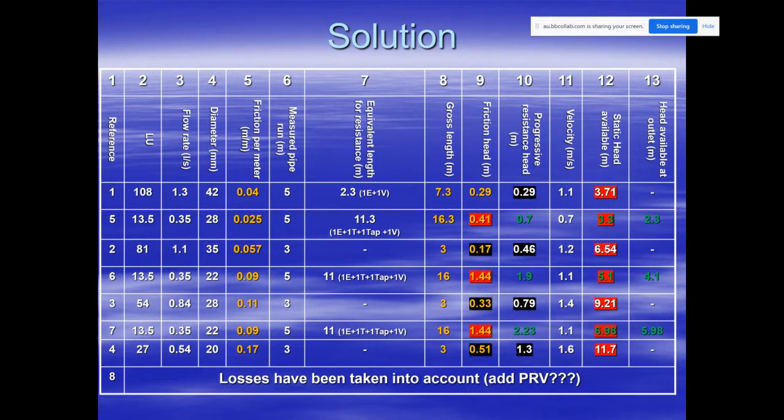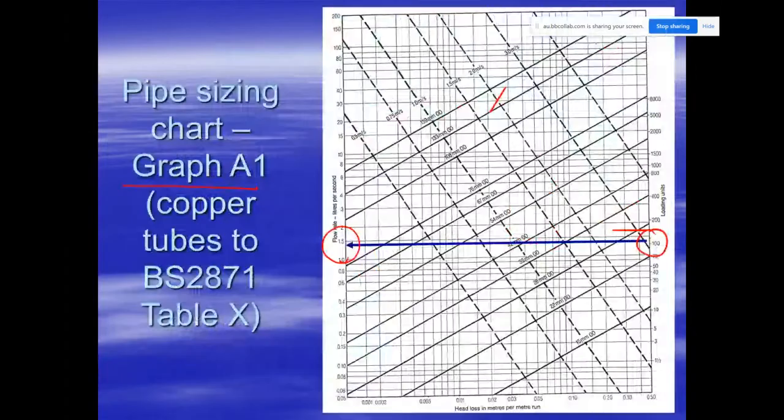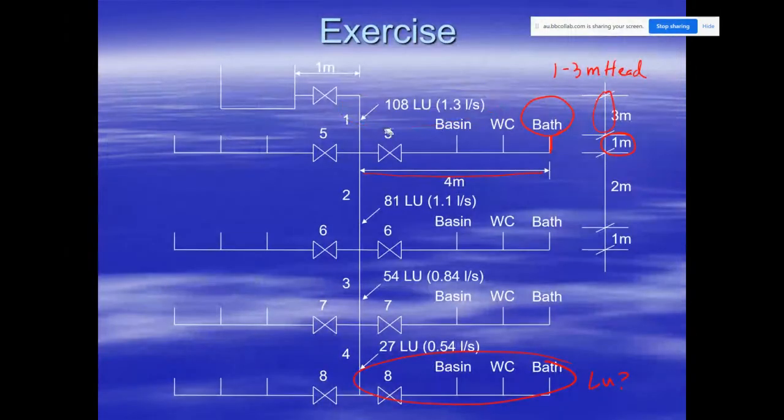First of all, for the pipe length, the schematic diagram consists of different references: 1, 2, 3, 4, 5, 6, 7, 8. Understand?